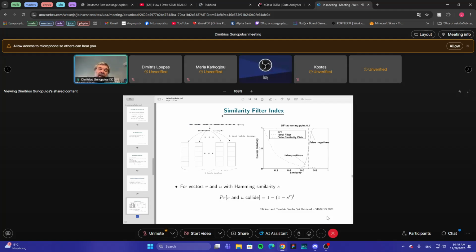And if there is a document that is very similar to the query, it is going to show up somewhere in one of these tables as a part being equal.